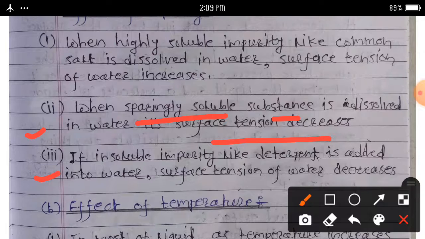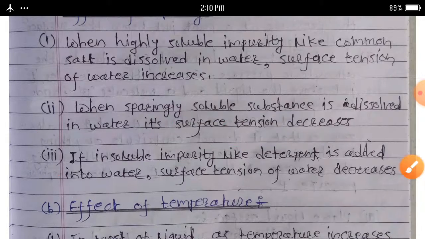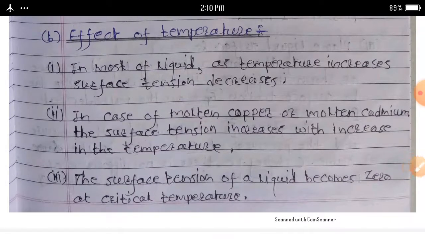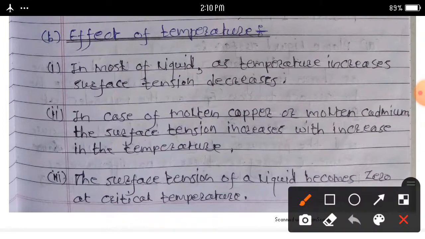Next, the effect of temperature. First, in most liquids, as the temperature increases, surface tension decreases.